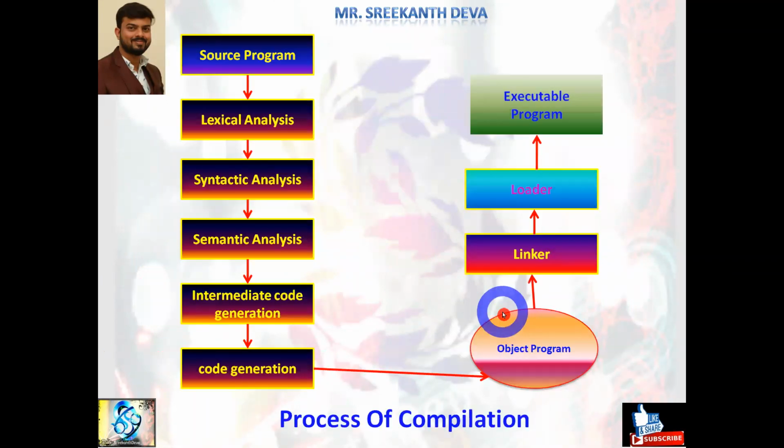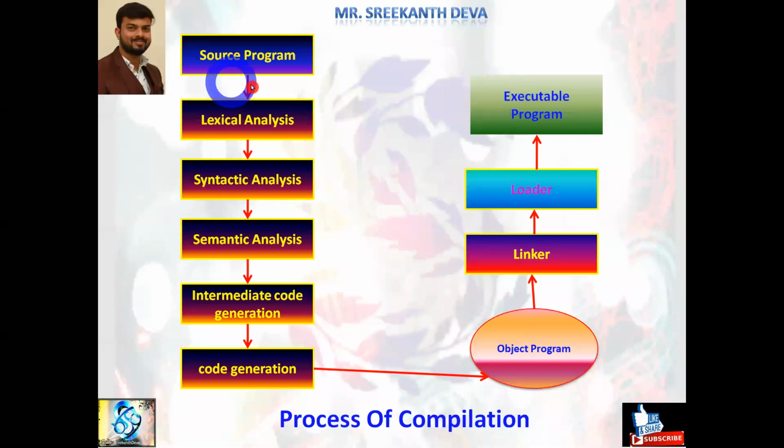Loader. See, these are all the terminologies we discussed in detail about the process of compilation, like source program to machine understandable code. That is done by the detailed process of compilation, like lexical analysis, syntactic analysis, semantic analysis, intermediate code generation, code generation. Okay, after that it is going to successfully generate what? Object code. Okay, this object code is understood by the machine.